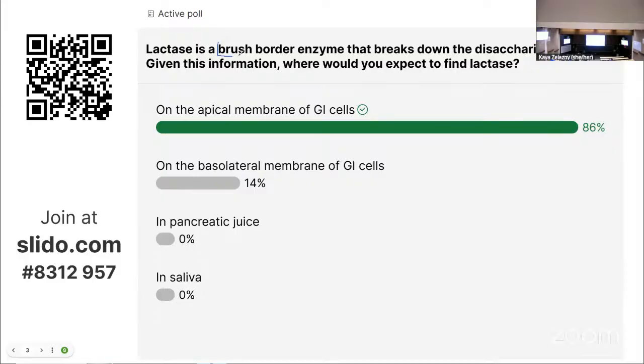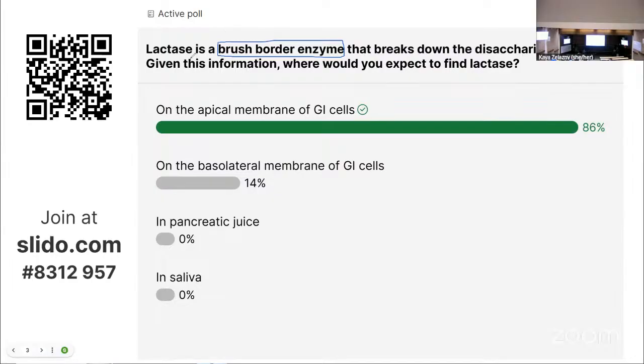The way you would be able to answer this question, if I hadn't said it out loud accidentally, right, we notice this phrase brush border enzyme. Okay. So the brush border, remember, is a word for when we have cells that have a lot of microvilli on them. So that kind of fuzzy look to the lining of that cell layer is an adaptation for absorption, gives you lots of surface area, lots of room for molecules to bump into enzymes embedded on that brush border and get absorbed or get broken down and then absorbed.